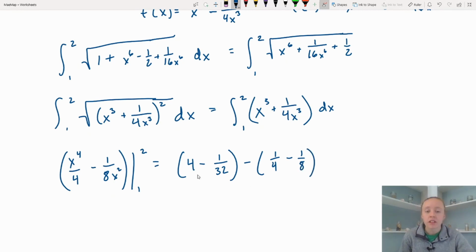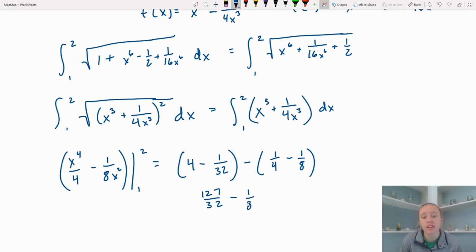Simplifying this down, I'll find a common denominator between 4 and 32, which is going to be 32. So 4 times 32 is going to give me 128. So I'll have 128 over 32 minus 1 over 32, which simplifies down to 127 over 32. And then I'll be subtracting 1/4 minus 1/8, which is going to be 1/8, because that's like 2/8 minus 1/8.